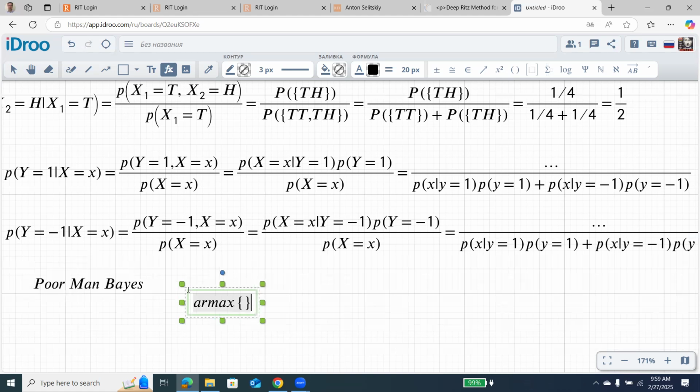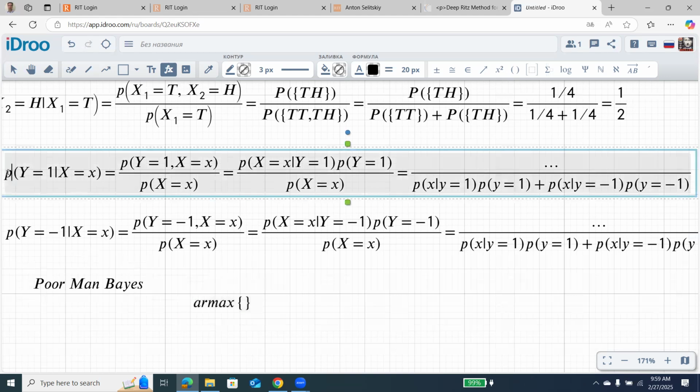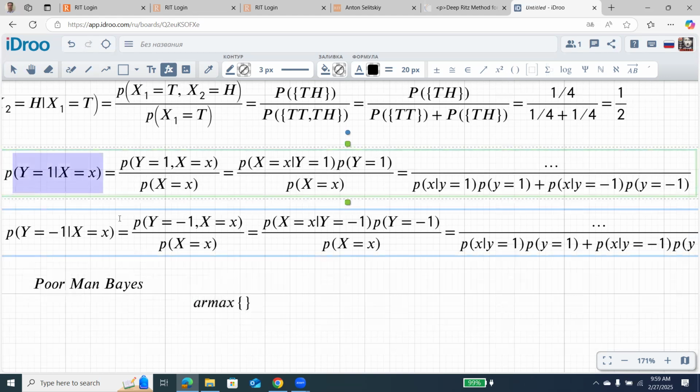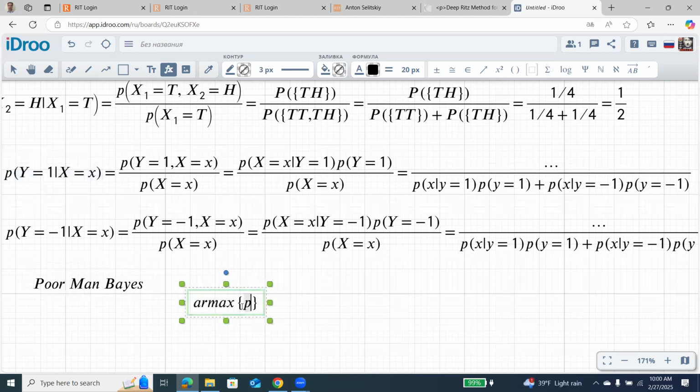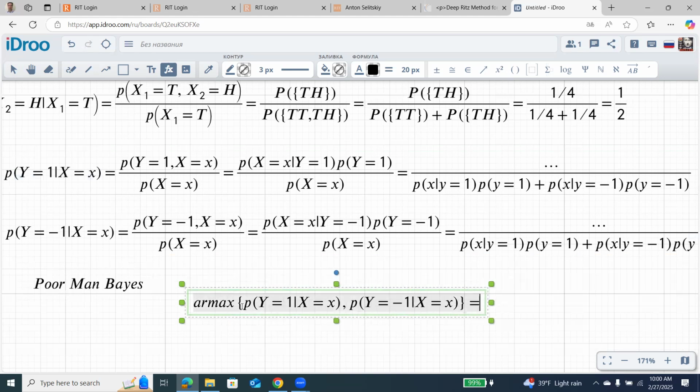So how to write this, maybe like that. But because they have the same denominators, we can take argmax only of numerators.